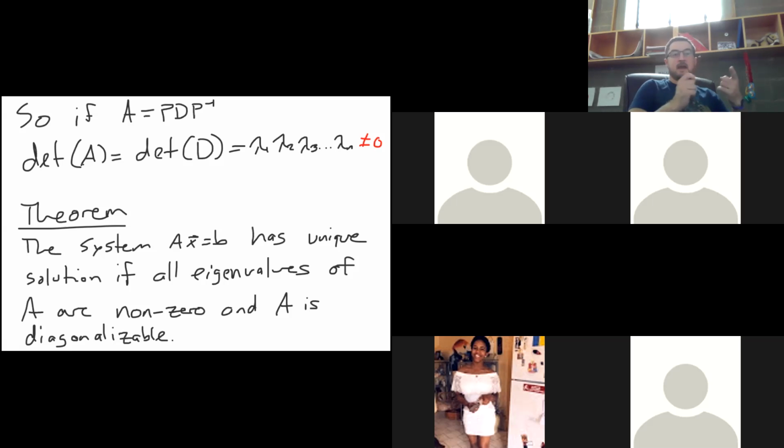It's just that if you can diagonalize and all of your eigenvalues are non-zero, then you know you have a unique solution. Well, good questions. Any other questions?